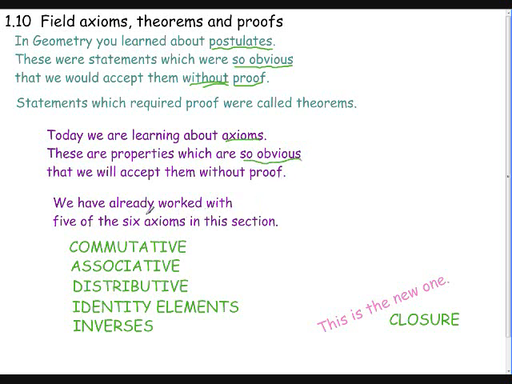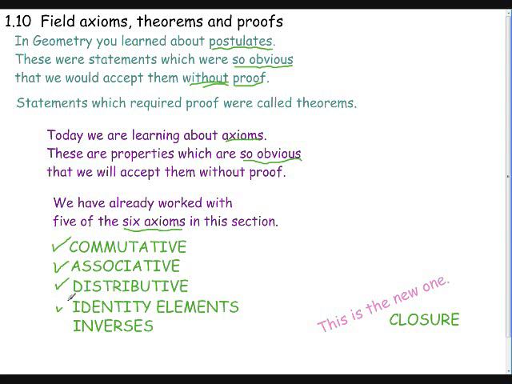We've already worked with 5 of the 6 axioms that we're going to discuss in this section. We called them properties, and we didn't bother proving them, did we? Commutative, that was for addition and multiplication. Associative, that was for addition and multiplication. Distributive, that was you could multiply something over a sum.